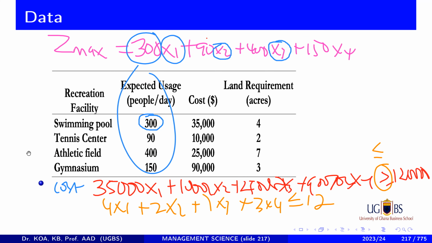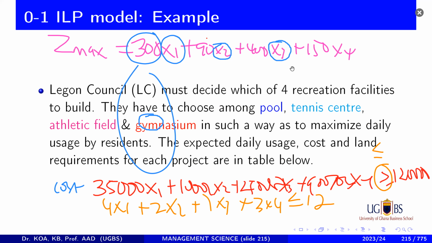What is the next constraint you need to add? Michael: Doc, if you read the problem, it's mentioned that the swimming pool and tennis center are being built on the same land, so you cannot build both. So we have x1 plus x2.